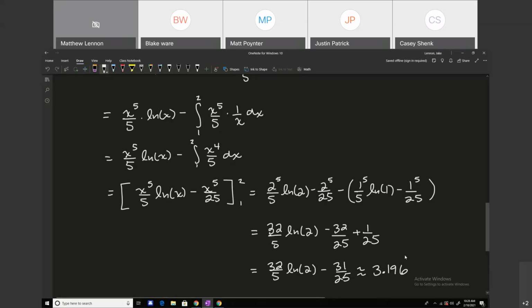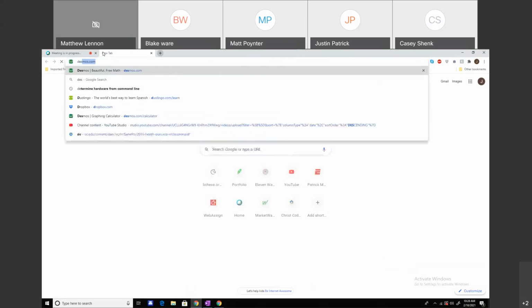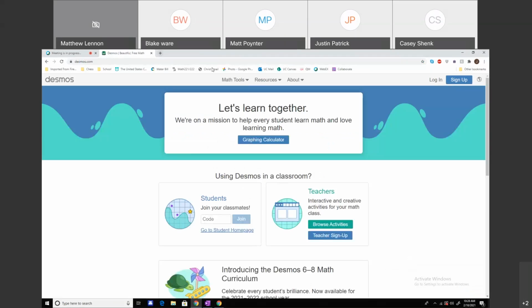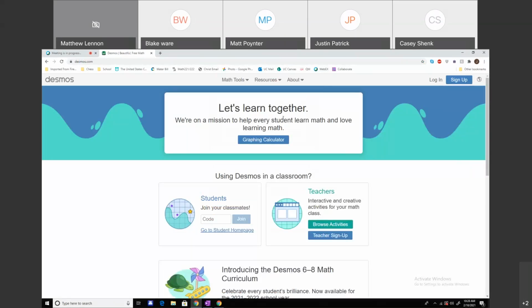And why don't we check that integral on Desmos, just to be doubly confident that we got it correct. I don't need to log in. I just want to go to graphing calculator.